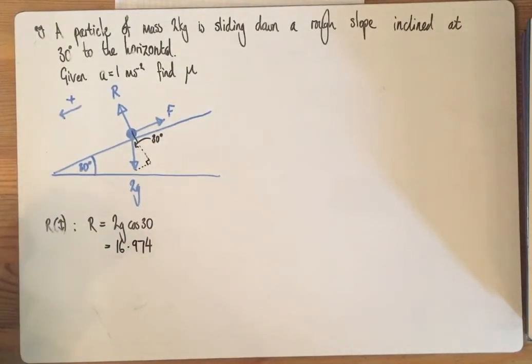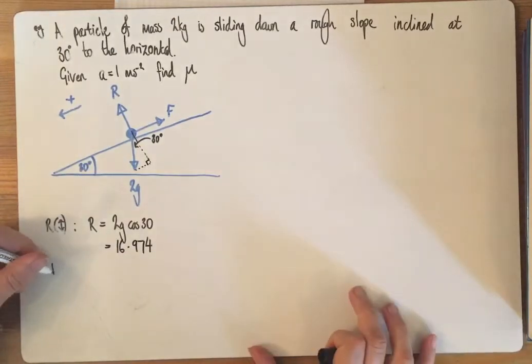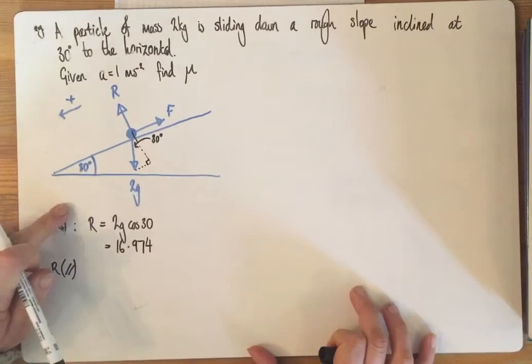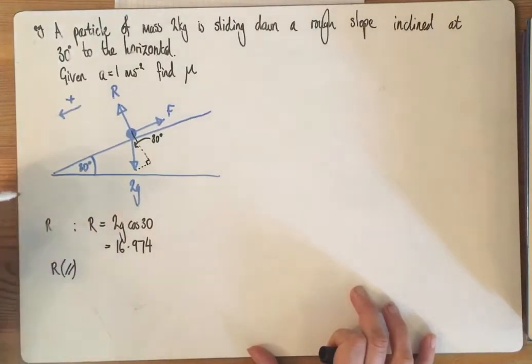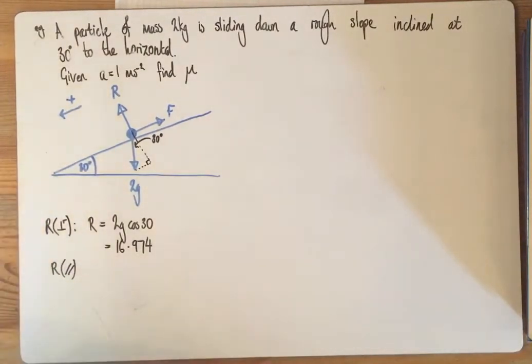Now if I resolve parallel, I've just realised I've put in a vertical there, that's meant to be a perpendicular. So that's perpendicular to the surface, parallel to the surface.